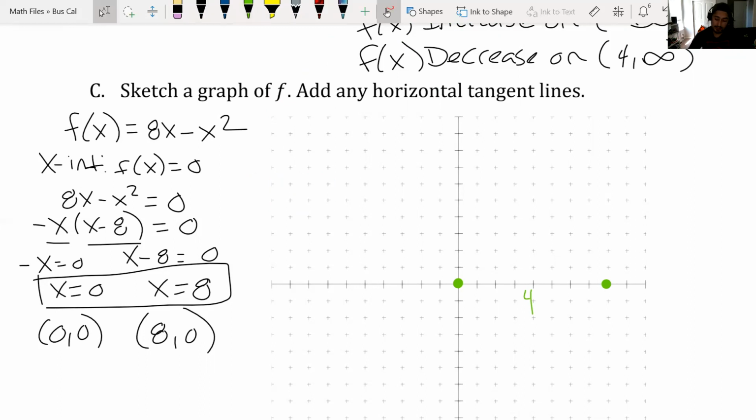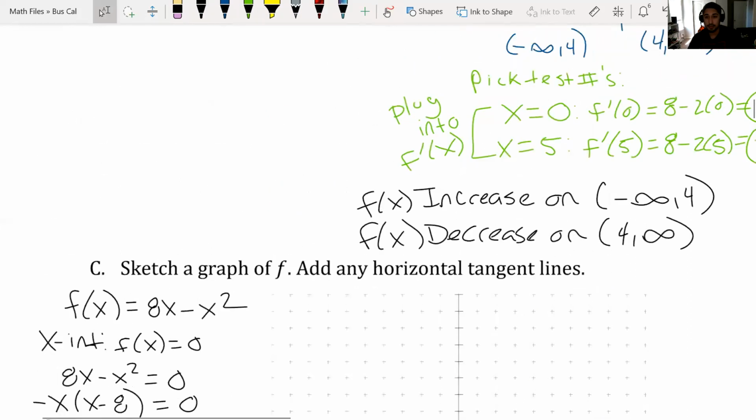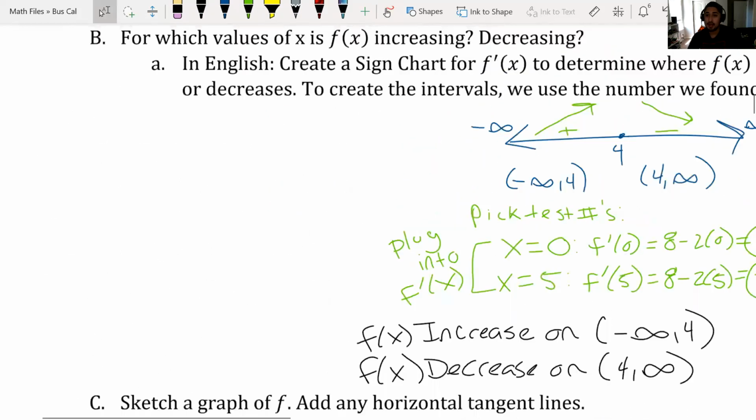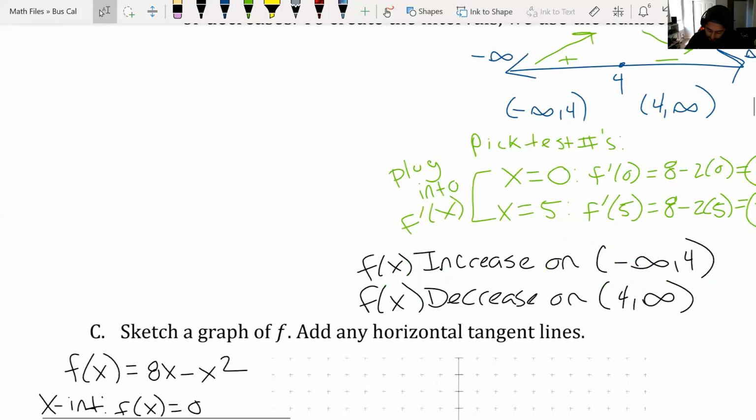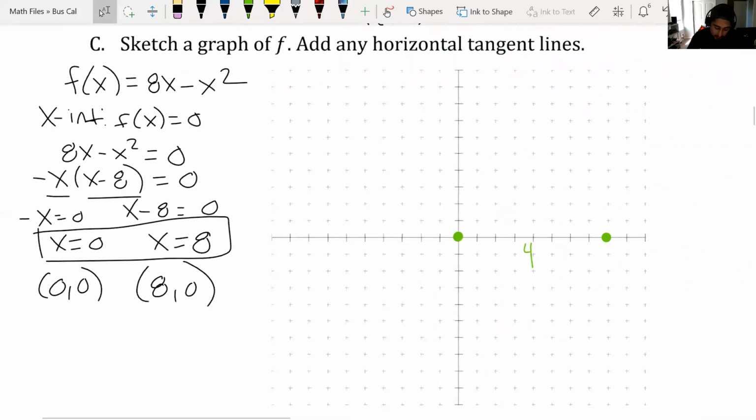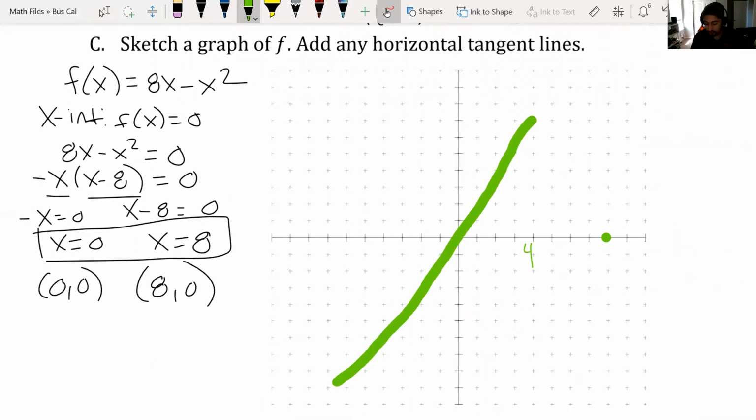So let's look at the above number line. This says from negative infinity to 4, the original function is going to increase. So coming down here, from negative infinity to 4, this function is going to increase right there.